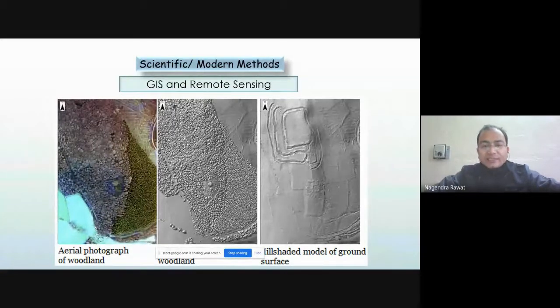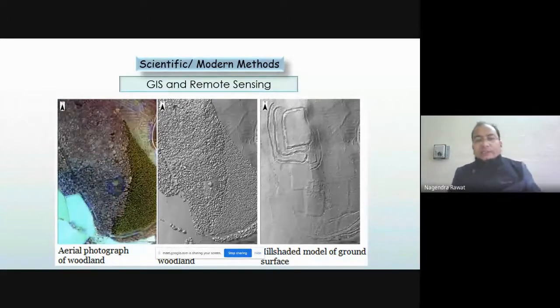They sense the surface from a distance. Remote sensing technique developed from aerial photography, and nowadays we also use satellite images to detect sites in areas where a researcher cannot go, like inaccessible areas.